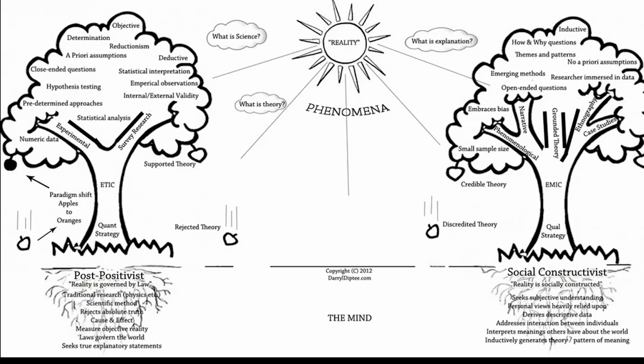So you can see the left side is positivism, which is more quantitative research, and they believe that the realities are governed by law, and they either support or reject a theory, while on the right side is more of the qualitative research, social constructivism, whereby researchers believe the reality is socially constructed or is constructed by the environment, and they consider theory as either credible or they can discredit it.